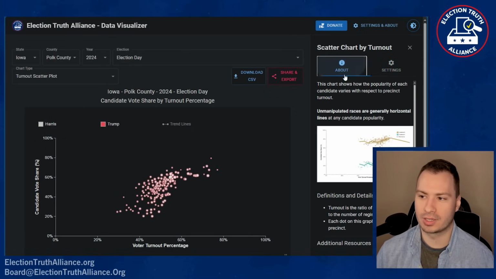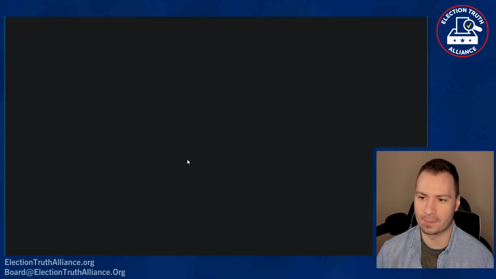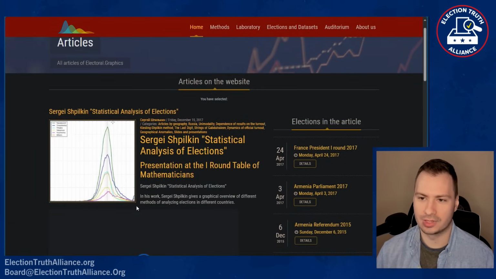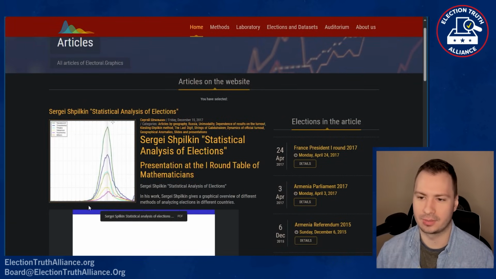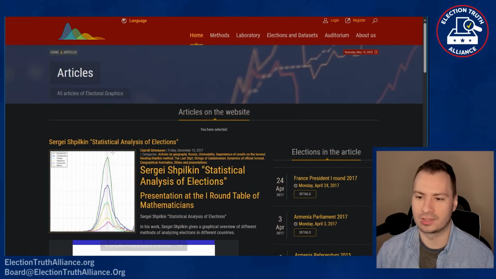As per the work of, for example, Sergei Shpilkin, a well-known European election expert, his analysis warns us, and they use line charts, but it's similar. He uses turnout, and what they warn us of is places where turnout rapidly increases.